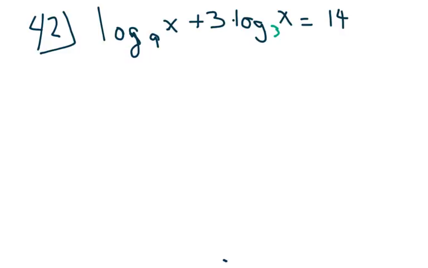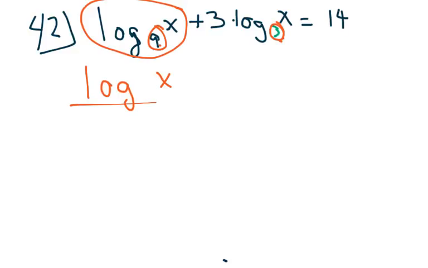So, bottom line is the bases are different. So I'm going to go with the smaller base and use base 3. So I'm going to change base for this one. This is going to be log of x over log of 9, and my base is going to be little 3 here.